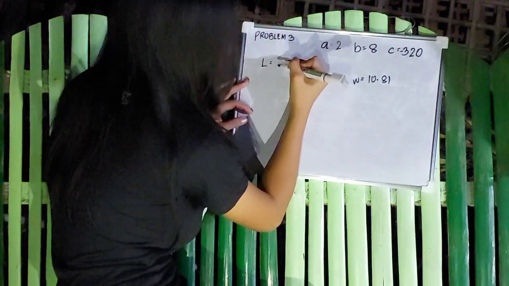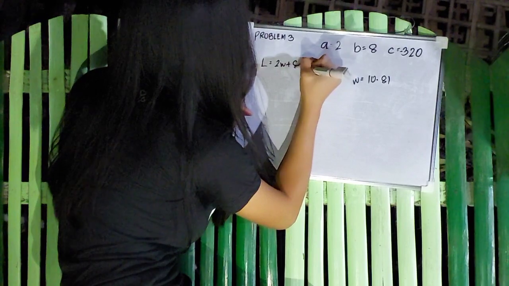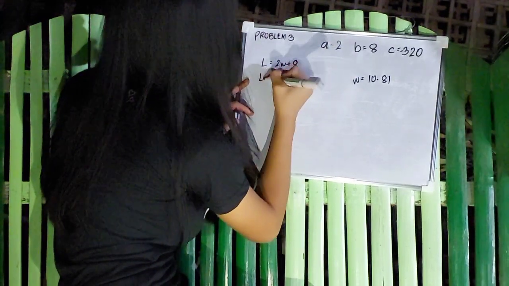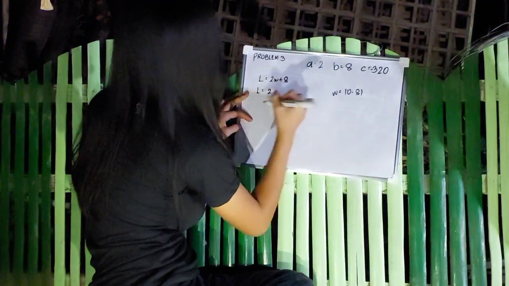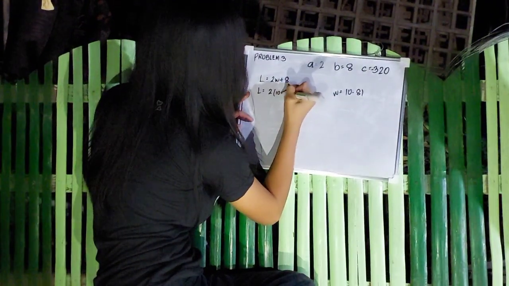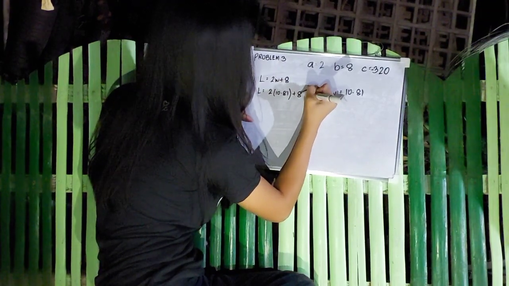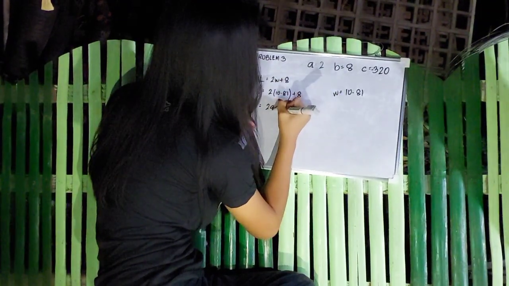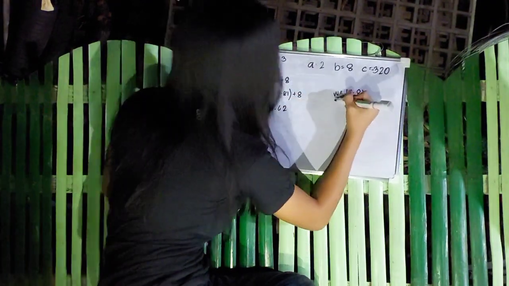Now, to find our length, let us substitute the value of the width. So length equals 2 times our width, 10.81, plus 8. So 2 times 10.81 plus 8 is equivalent to 29.62.